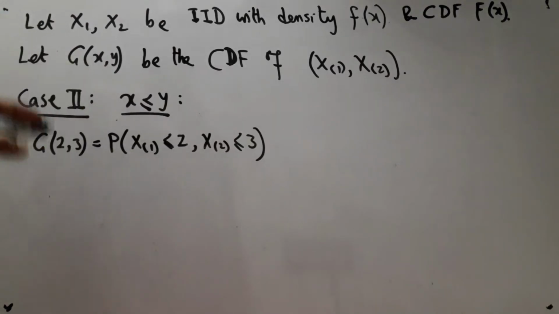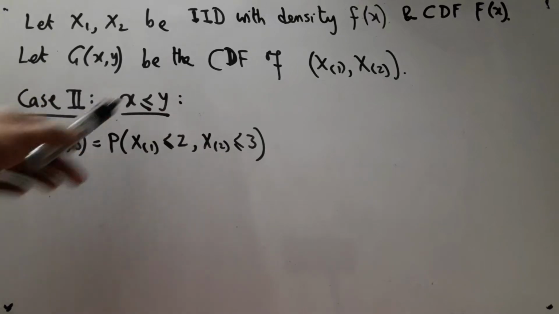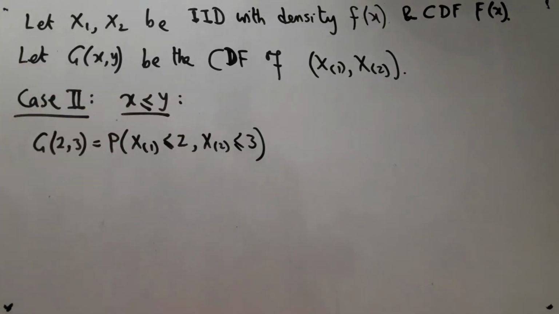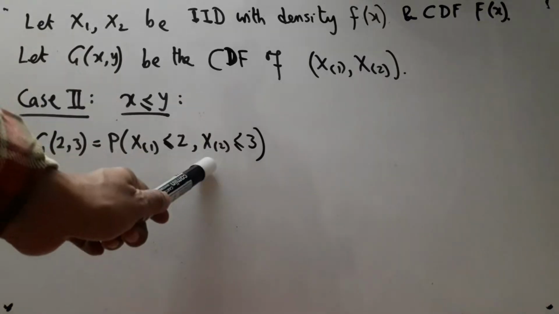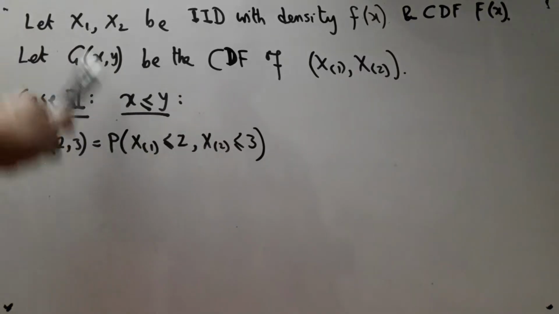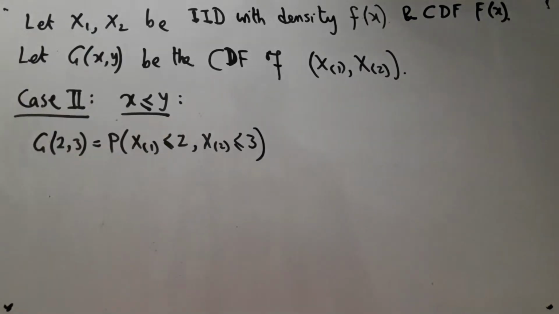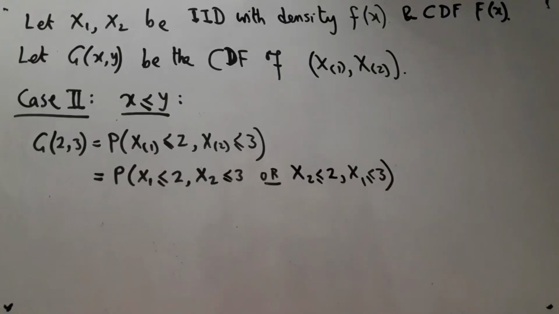Again, we shall take some numerical values for x and y to illustrate ideas. x is 2 and y is 3. This is the definition. Now, there are 2 factorial many possibilities. X1 could be this, X2 could be this, or X2 could be this and X1 could be this. In general, there will be n factorial possibilities. So, let's just write both of them down.